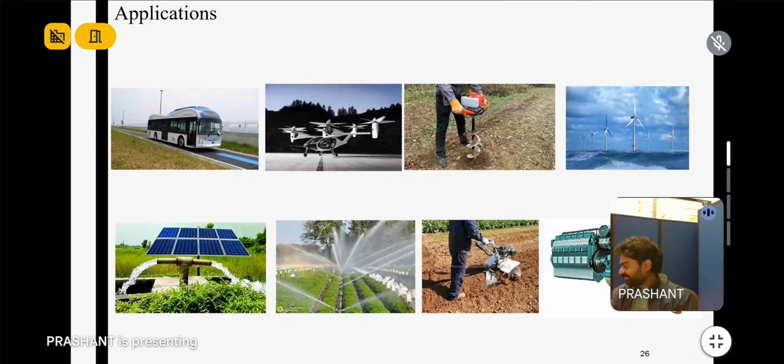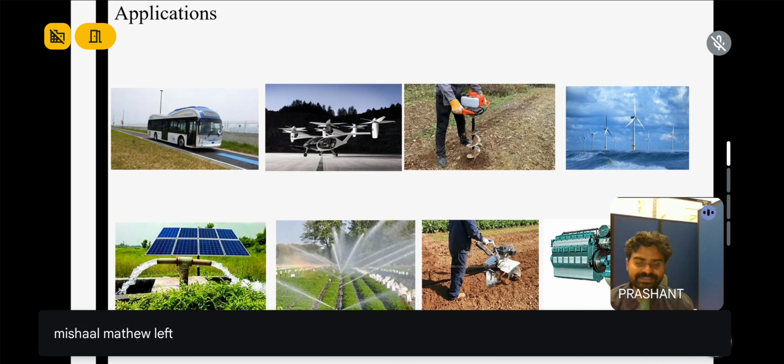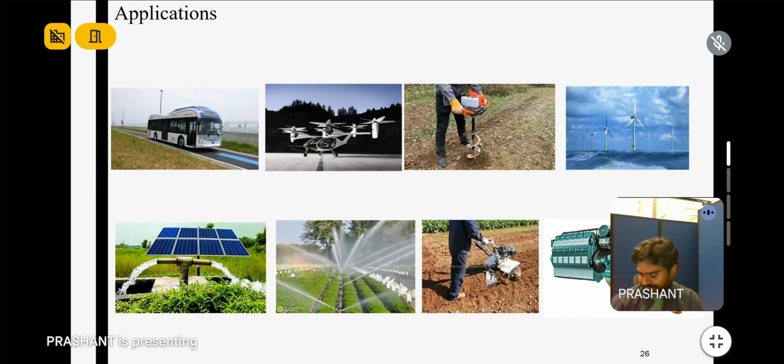Actually, the topic I have given was incomplete. Here what we have seen is that we are just giving some AC signals to the motor, and that motor is used in electric vehicles.